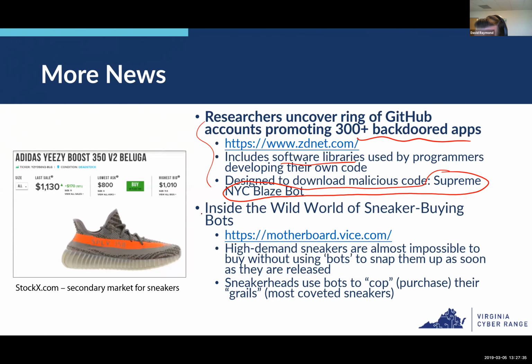Turns out it's malware that is used to buy sneakers, and there's this huge market for these high demand sneakers that are almost impossible to buy unless you use these bots. This software is a bot that'll buy sneakers, and this is an example of these Adidas Yeezy Boost sneakers that are being resold on this website for $1,100.